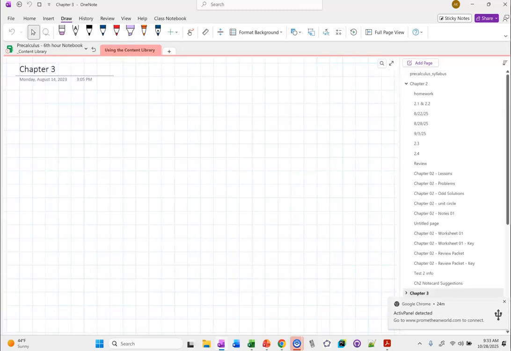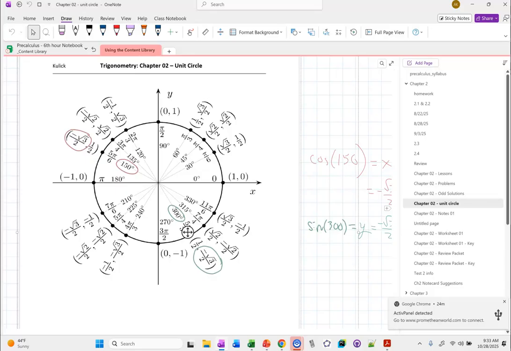And I'm looking for where x is a plus or minus half. Well, if I look at my x's, there's my only place where x is a half. And the y is negative root 3. That's great. So the angle I'm looking for is 5 pi over 3.